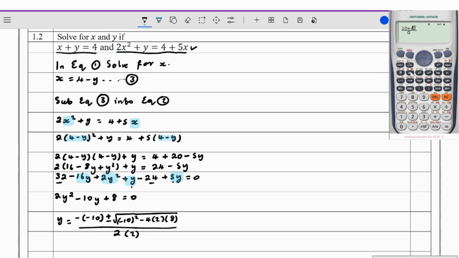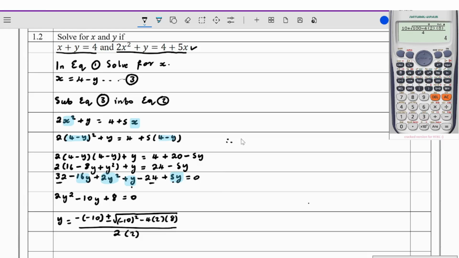Then the square root of 10 squared, which is 100, minus 4, and then the value of a is 2. You close the bracket. The value of c is 8, and then you close the bracket, and then all divided by 4, because 2 multiplied by 2 is 4. You are advised to put everything as you see it in the calculator. Please do that. Then you'll find that the value is equal to 4.